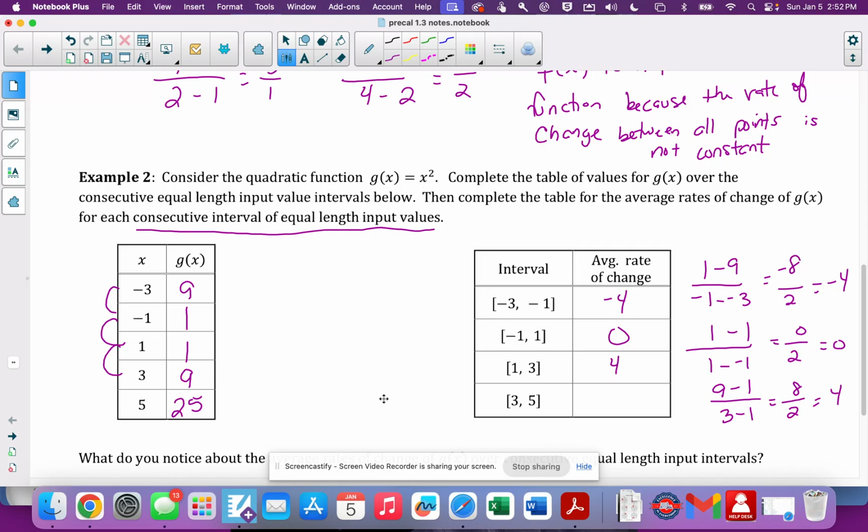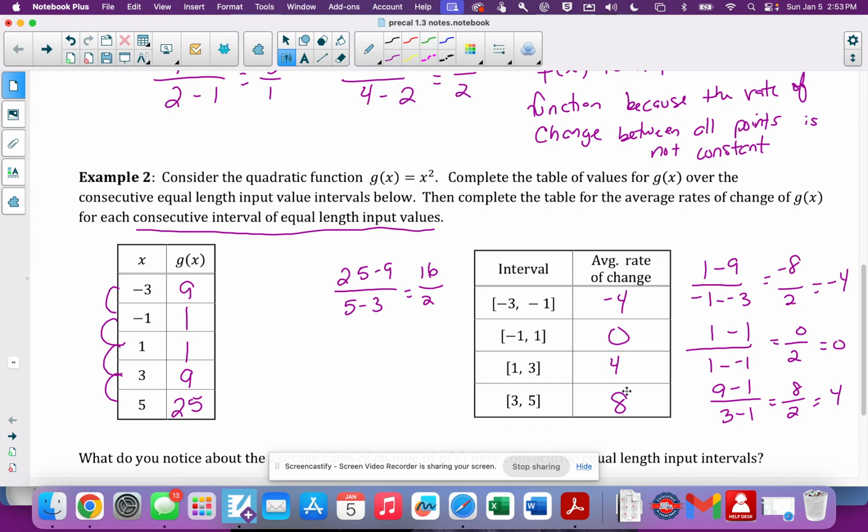All right. And then from 3 to 5, last 2 points, running out of room, 25 minus 9 over 5 minus 3. 25 minus 9 is 16. 16 over 2 is 8.